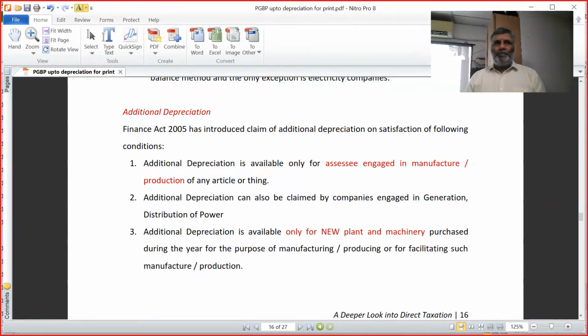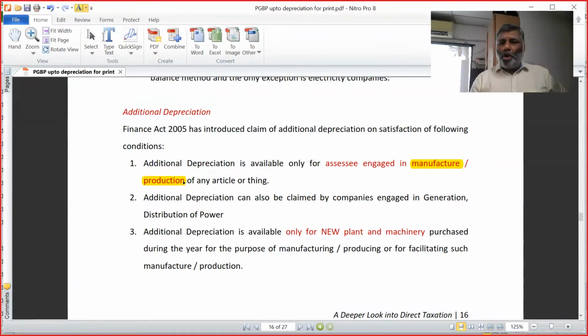Now we are going to the second limb of depreciation. Whatever we have studied so far, we can call normal depreciation. The next is additional depreciation, in addition to what you are claiming. That is why it is known as additional depreciation, only for assessees who are in manufacture or production.